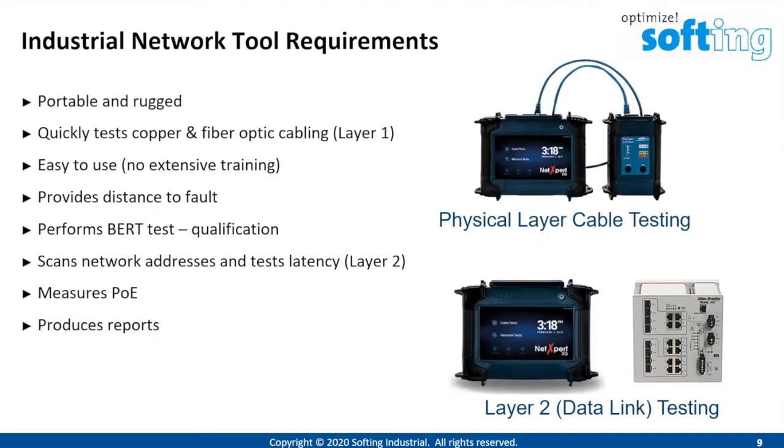So let's talk a little more specifically about what characteristics an ideal industrial network Ethernet testing tool has. And again, we're focused on layer 1, layer 2, where most of the problems are oriented. Portable, rugged, for the industrial user, the maintenance person, the integrator, the engineer. It provides a quick means to test copper cabling and fiber optic cabling, at a high level, a pass fail.